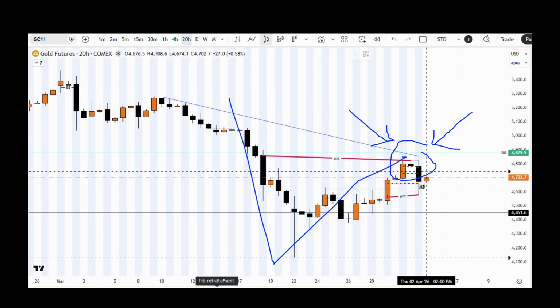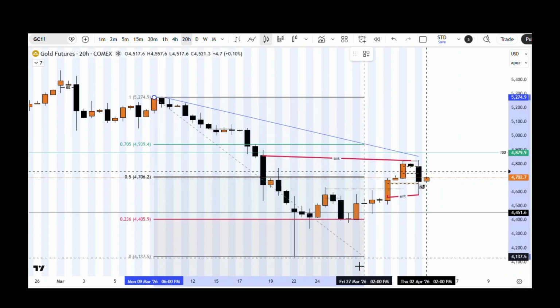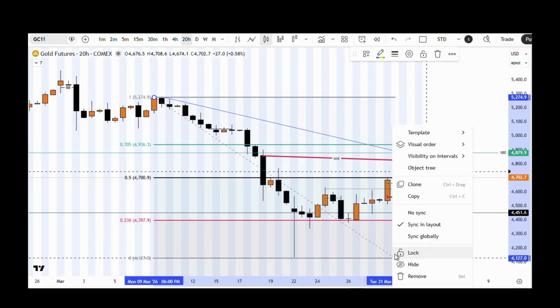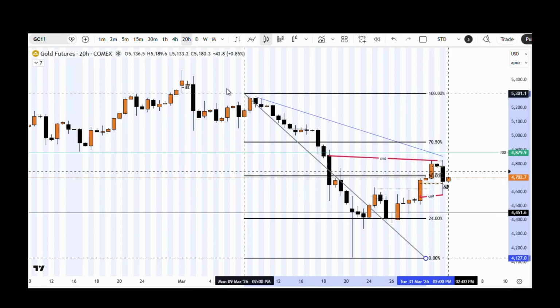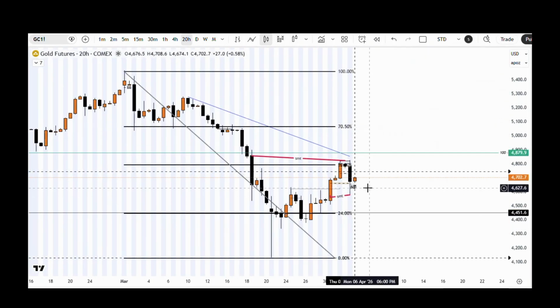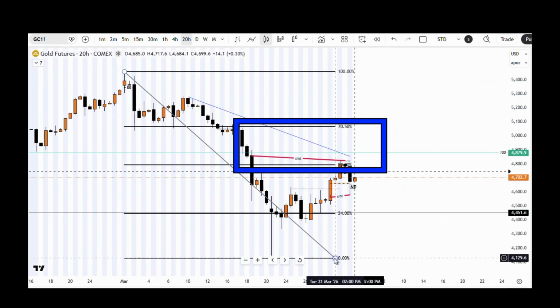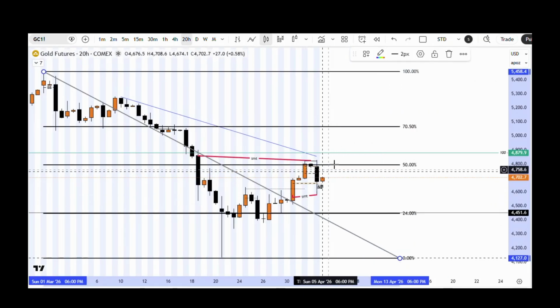So let's take a fib. Let's draw it from this high. Or we can draw it from somewhere else. I'm just going to change the fib so it's the correct one. Let's draw it from here. Okay. Let's just extend that. So my eyes are drawn to where? The 50%.